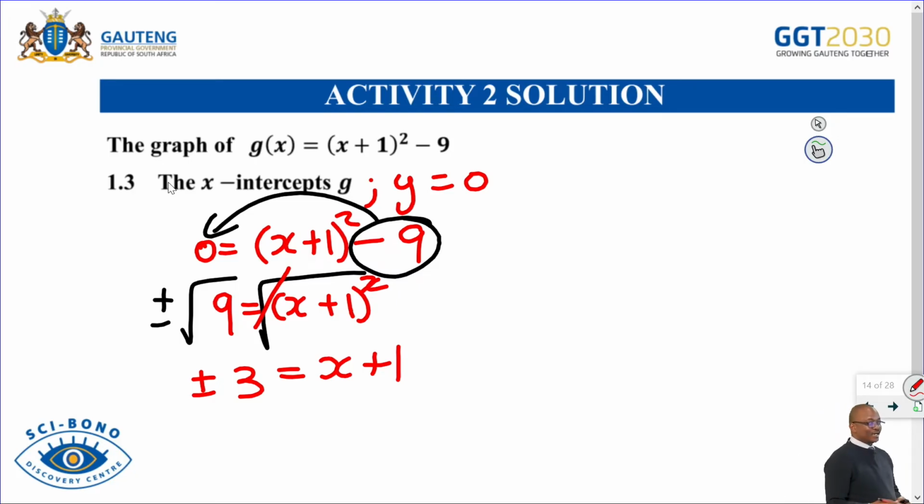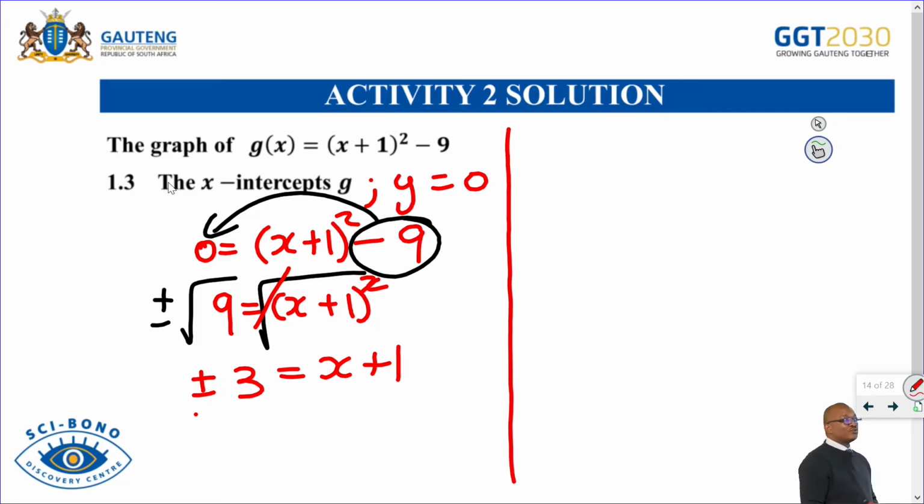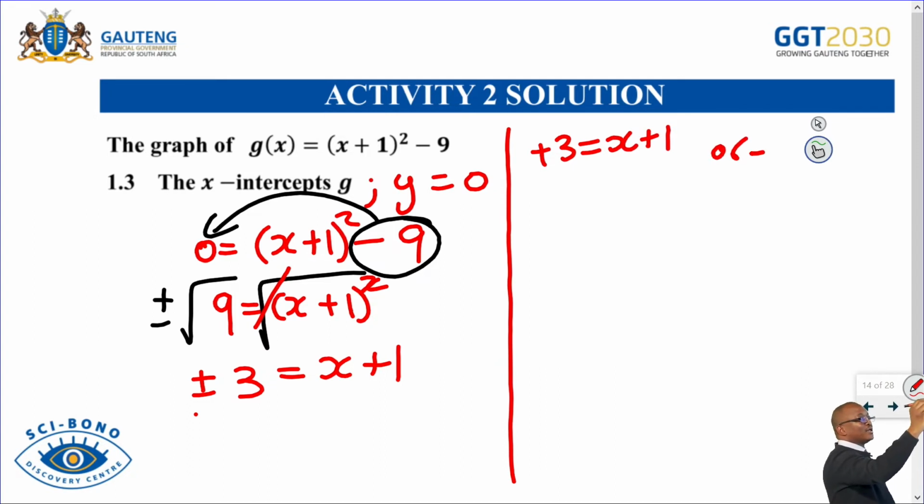But in this case, what you have to know is that we have two values. One is -3 and the other one is +3. So how do we work with those values? We're going to start by saying +3 is equal to x plus 1, or -3 is equal to x plus 1.